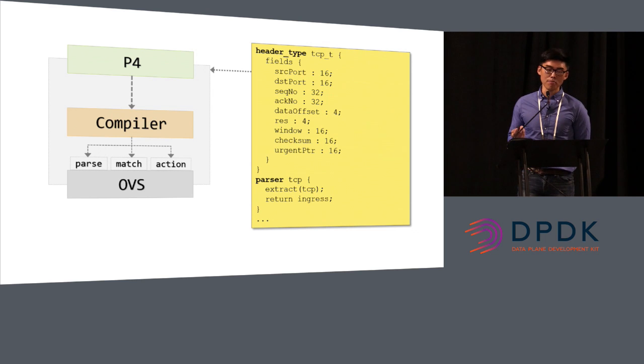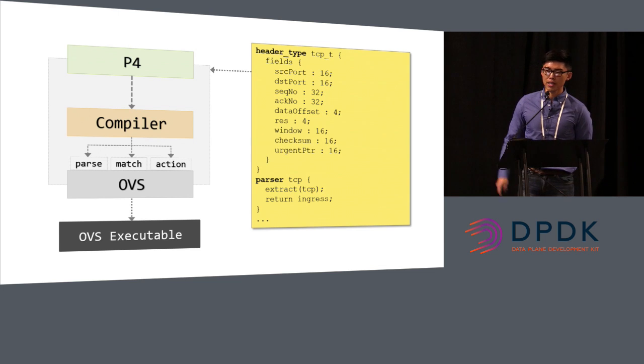Generate the code for parse, match, and action, and then we inject it in the right places in OVS. Given that, we run the traditional OVS compilation procedure, and it will generate the set of OVS executables, such as OFCTLs or the OVS server executables with the set of protocols that we defined in the beginning.